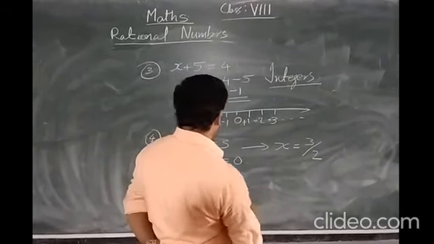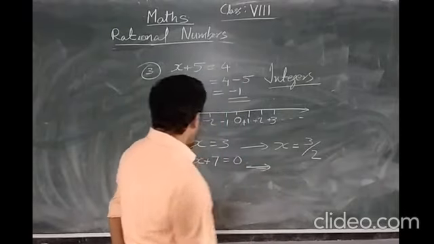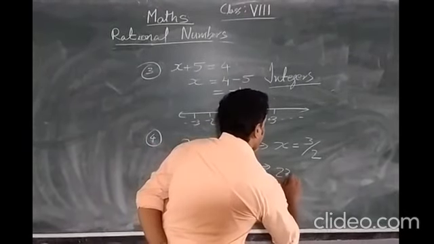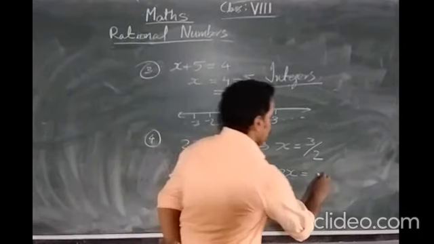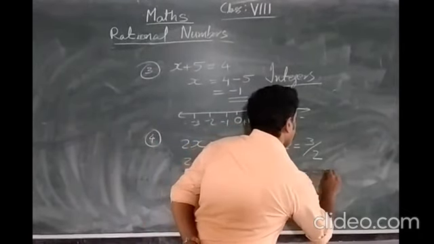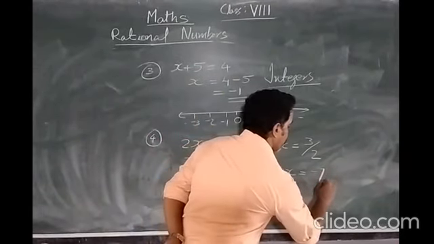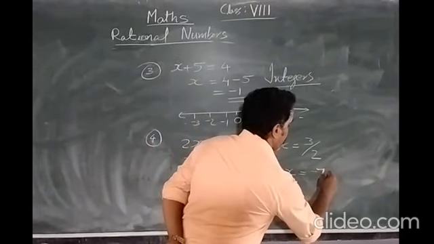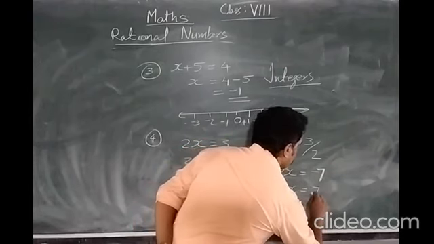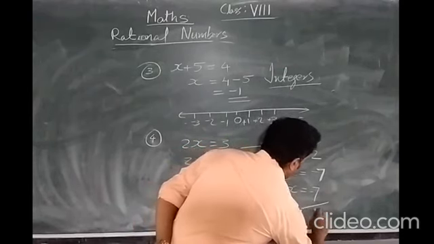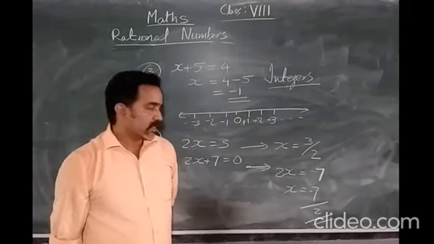And the second equation, 2x is equal to, take 7 to the other side, 0 minus 7, so minus 7, and x is equal to minus 7 by 2.